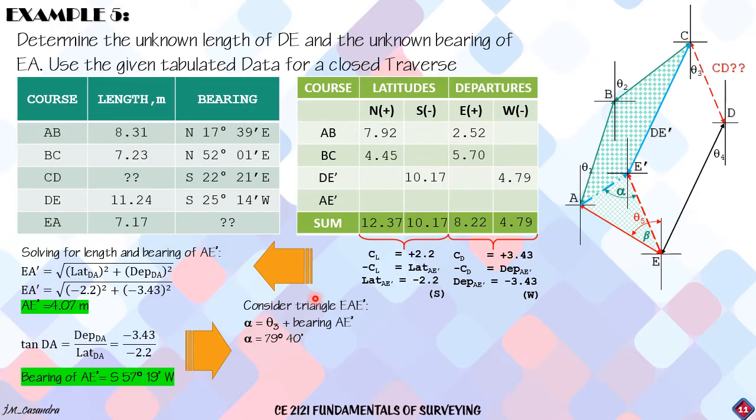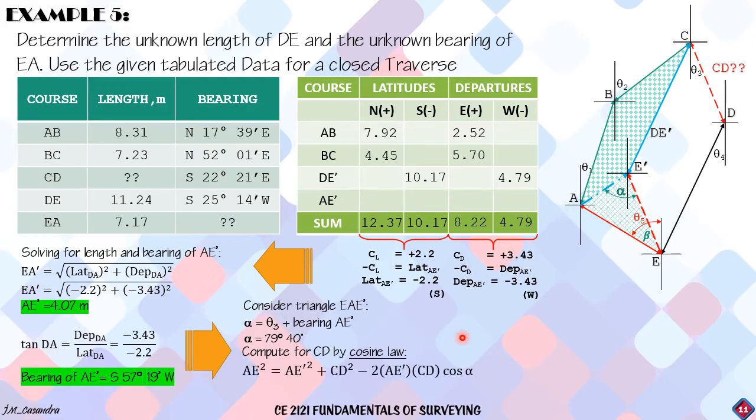And then for beta, this is now equal to the angle theta 5 minus the bearing of line CD. But since we do not know the angle theta 5, we move on first to compute the length of CD by cosine law.